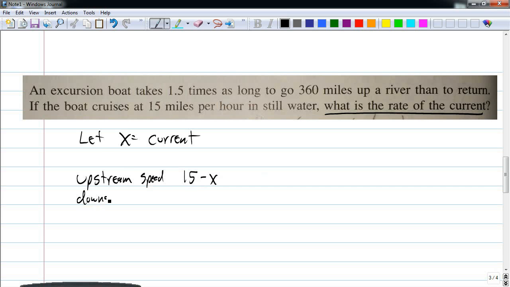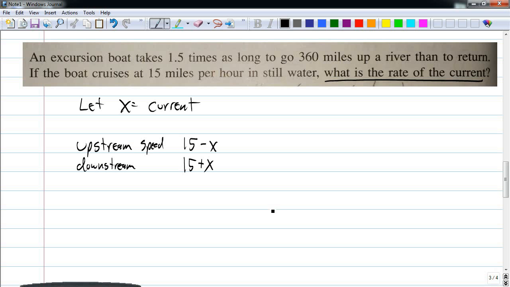Downstream, heading with the current is helping you out, so 15 plus x. Okay? What else do we have? We have 360 miles, so that's going to be my distance upstream and downstream.